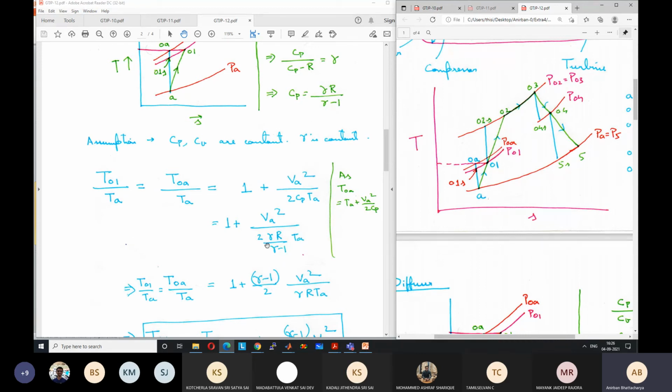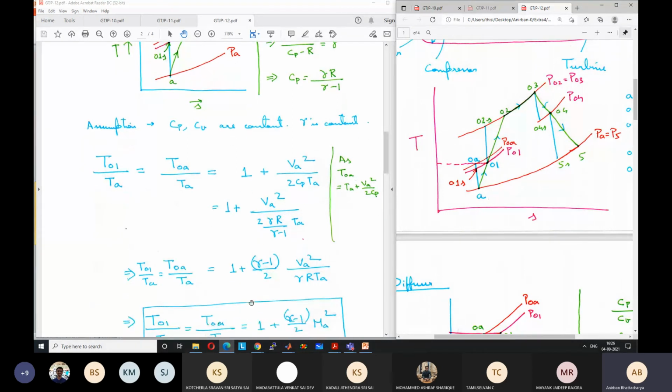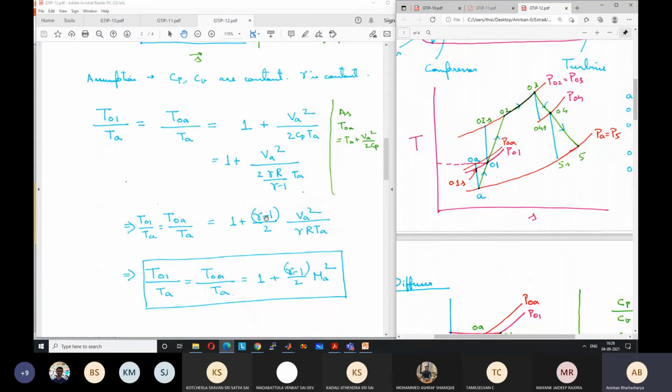If you take the gamma minus 1 and 2 outside, what we obtain is T01 by TA is equal to 1 plus gamma minus 1 by 2 Va square by gamma R TA. Now what is gamma R TA? Root over gamma R TA is the speed of sound at the ambient condition, so this is the square of the speed of sound.